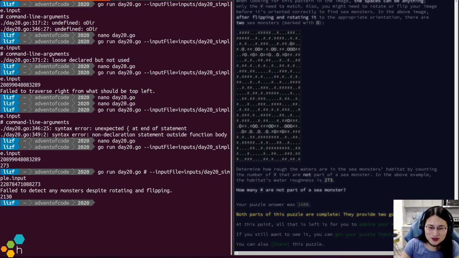Now let's try running it on my real input. Failed to detect monsters despite rotating and flipping. Okay, so now I am enforcing all of the sides, and yet I'm failing to detect monsters. Have I used all of the pieces?